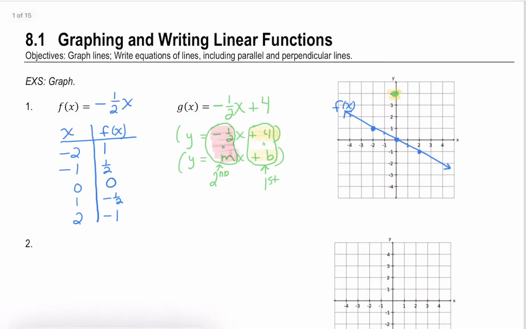So a lot of times we just naturally group the negative with the numerator. So we're going to look at that negative 1 with the numerator and say, okay, that means we're going to go down 1, and then we look at the 2 in the denominator, and that tells us we are going to go to the right 2. So from that point, we go down 1 and to the right 2.